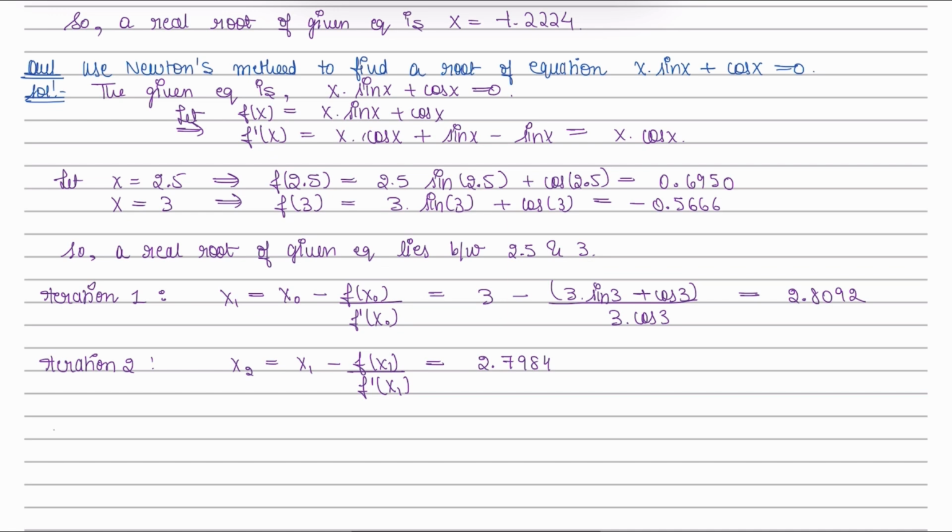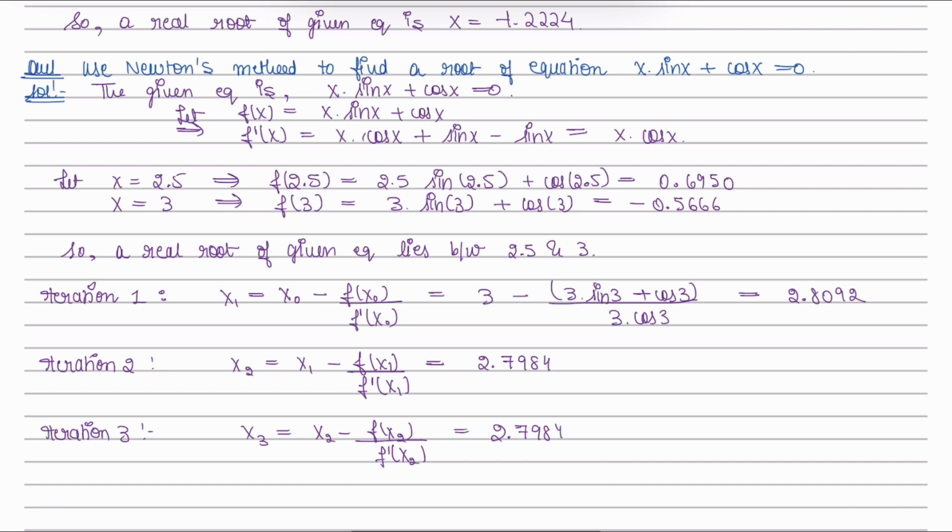For the third approximation, x3 be x2 minus f of x2 by f dash of x2, which be 2.7984.